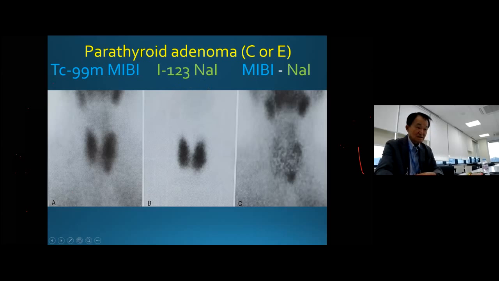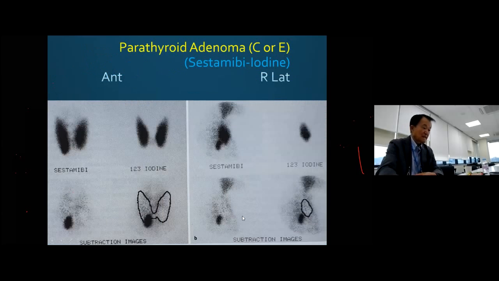And this maybe another one. Okay, so again, we are subtracting and makes this kind of thing. And on the lateral view, you can see it's quite deep, but you know, by rotation a little bit, it's not easy.